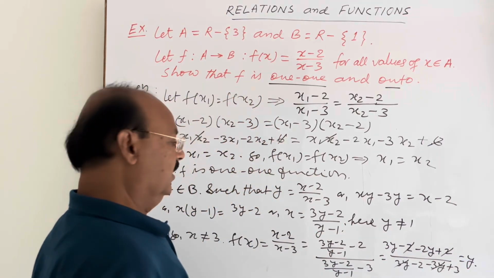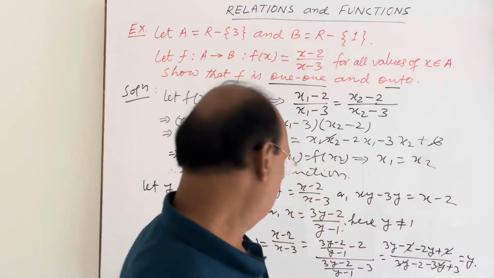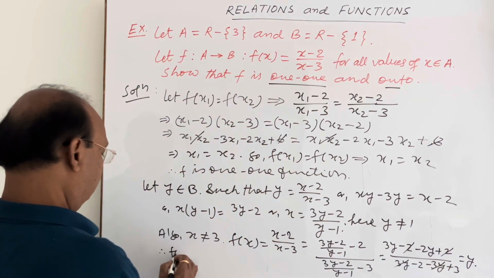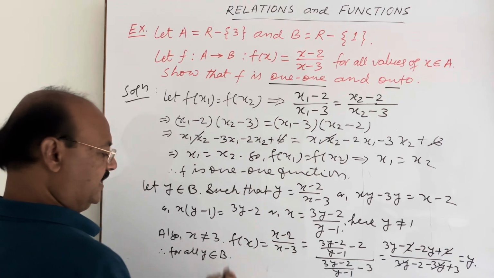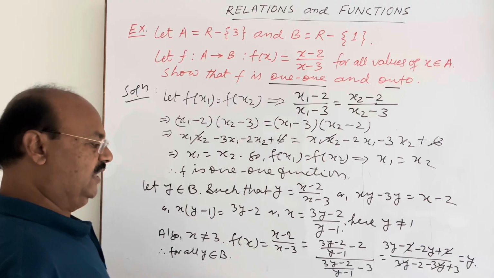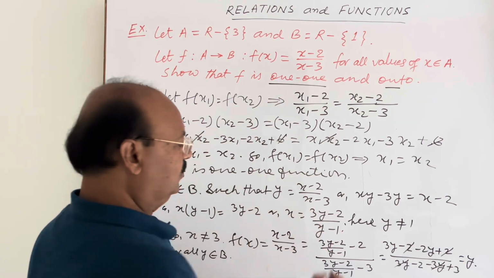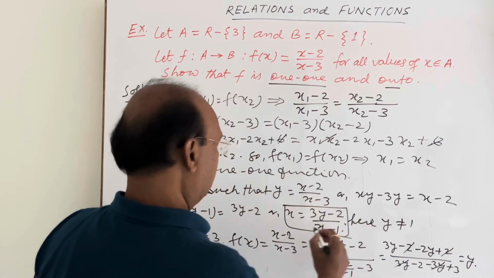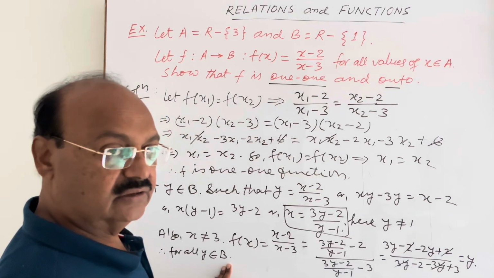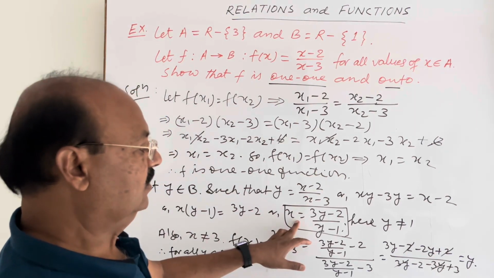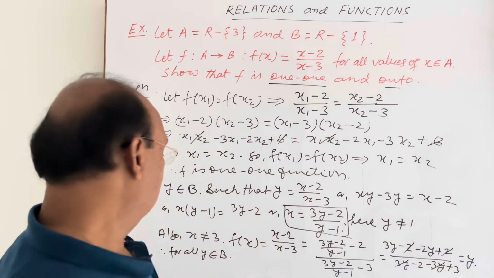What does it mean? It means that if y belongs to the codomain, then for all y belonging to set B, there exists a pre-image x, and this pre-image x is equal to this much. So as for every value of y belonging to B, meaning the codomain, we are getting a pre-image in set A, the domain, this function is an onto function.